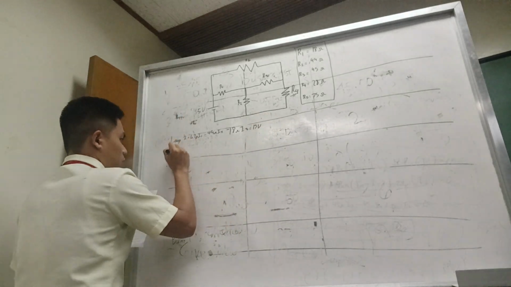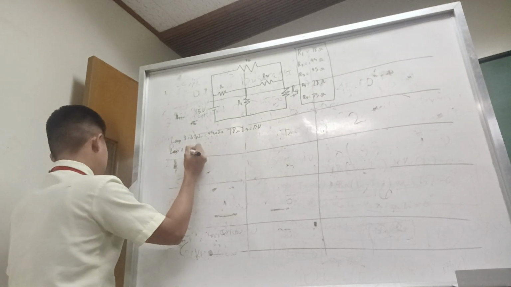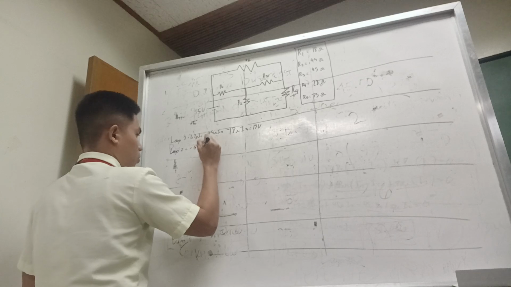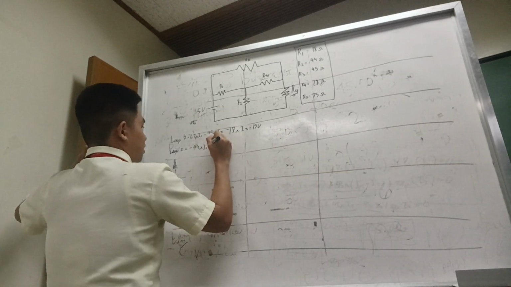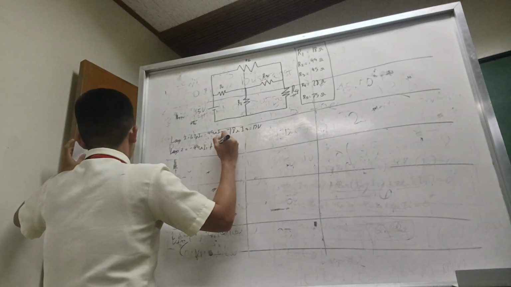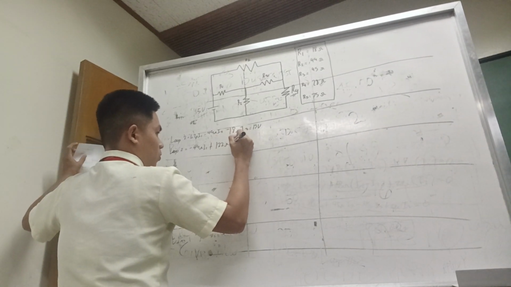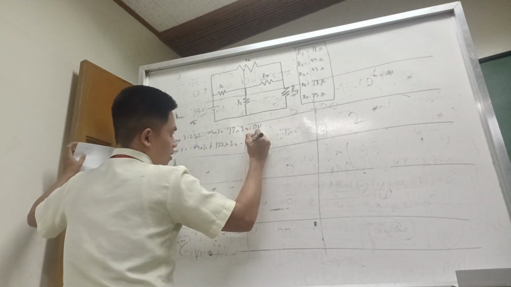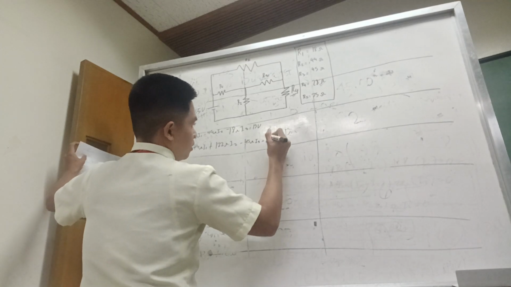So loop 2 again, the answer was negative 49 ohms I1 plus 122 ohms I2 minus 45 ohms I3 is equals to 0.